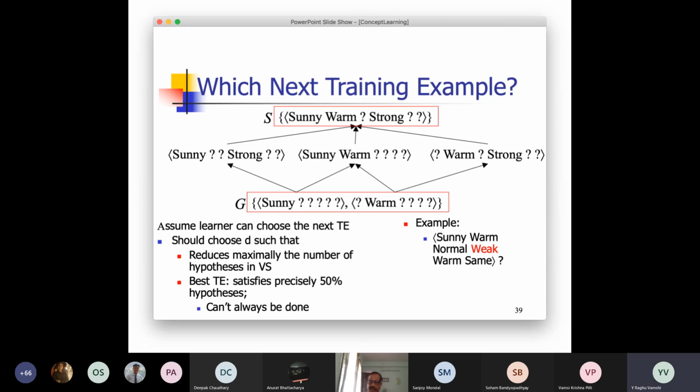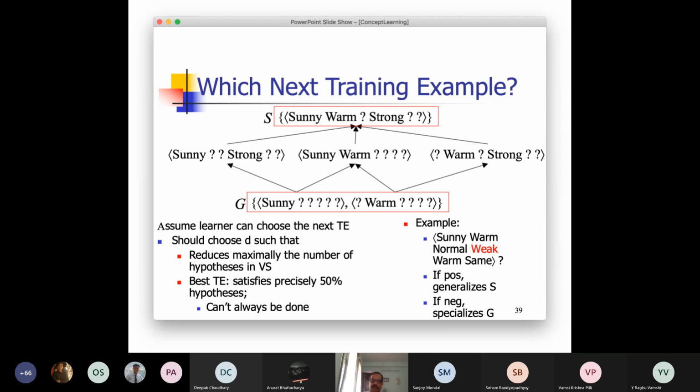Now you have an additional training example in this order, shown here: sunny, warm, normal, weak, warm, same. Depending upon whether its label is positive or negative, the result will vary. If it is positive, it generalizes the set S, the maximal specialization boundary. And if it is negative, it specializes the G.